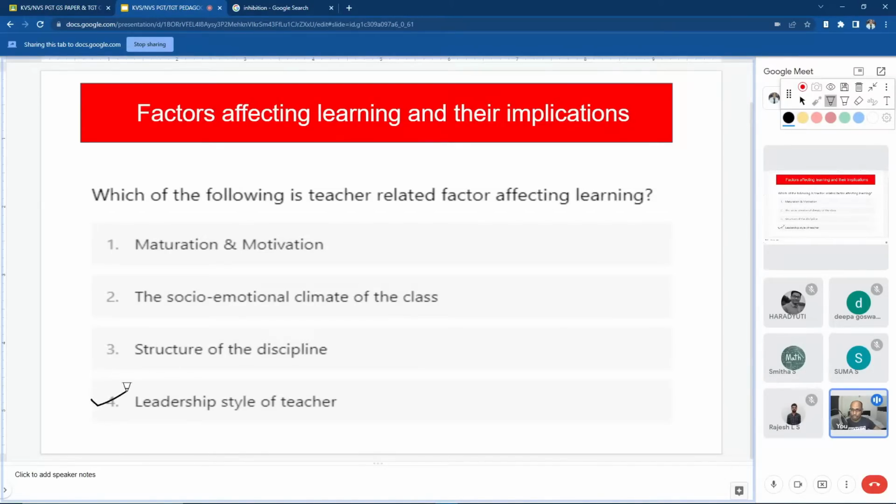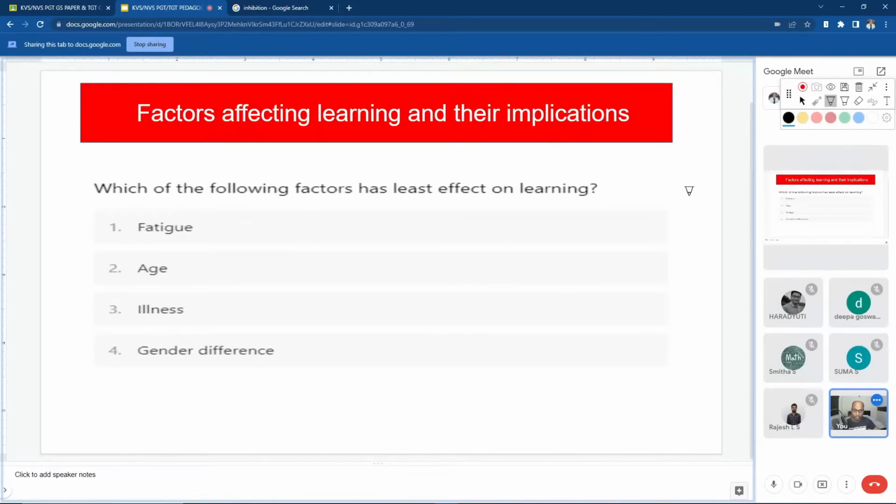Because it is not about the student's problem, it is about the problem with the teacher. If the teacher doesn't have a proper leadership style in the classroom, then that will affect the learning process. So sometimes even the teacher is responsible for lack of learning happening in the classroom. Next question, Deepa ma'am. Which of the following factors has least effect on learning? Fatigue, age, illness, gender difference.